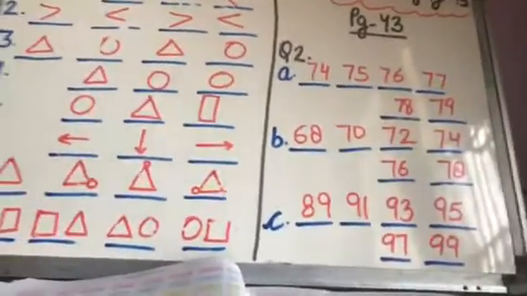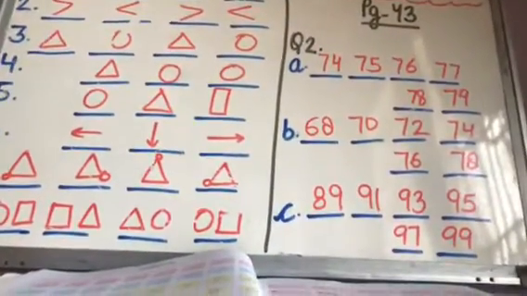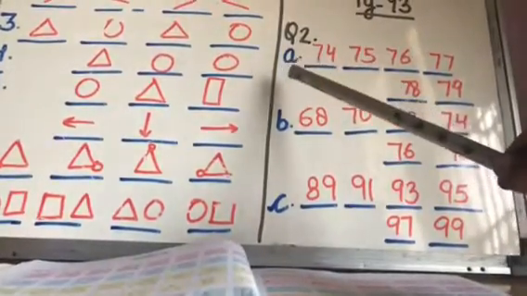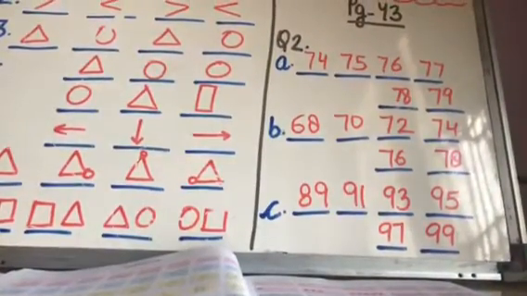So let's move towards page number 43 and question number 2, as question number 1 is your HW. So children, what do we have on question number 2? We have the carry on the pattern. Right, so the first one is 71, 72, 73.